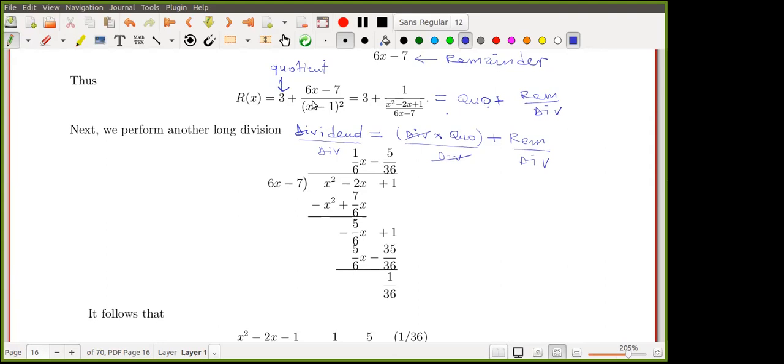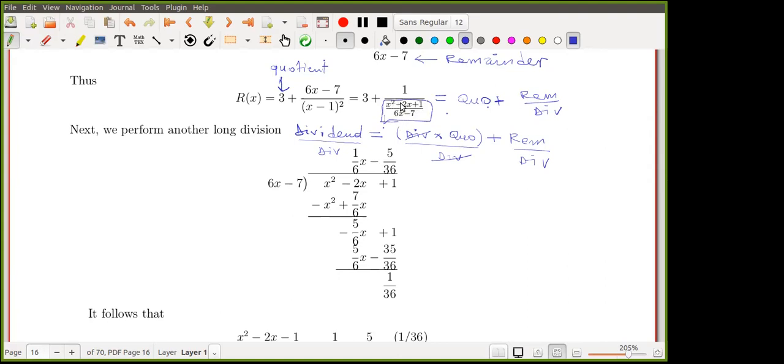fractional part. Now we take the reciprocal of the fractional part, as you remember. Once we have the reciprocal like this, we can use this one and perform the long division again, right? So this is the term that we are going to operate upon. As you can see, we can perform a long division on this.